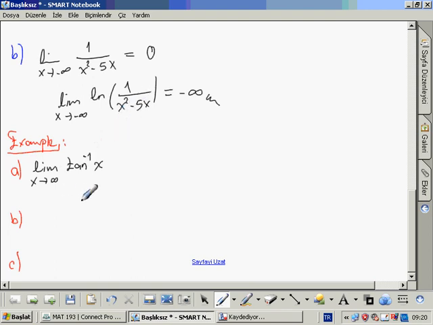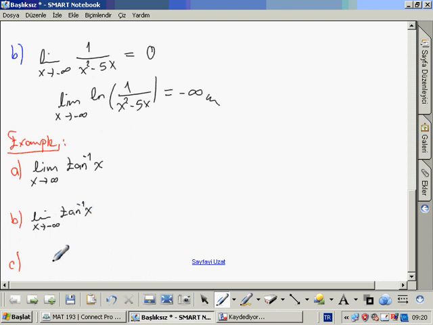The second one is the limit as x goes to minus infinity, I'm sorry, it's not infinity, it's minus infinity, of inverse tangent x.